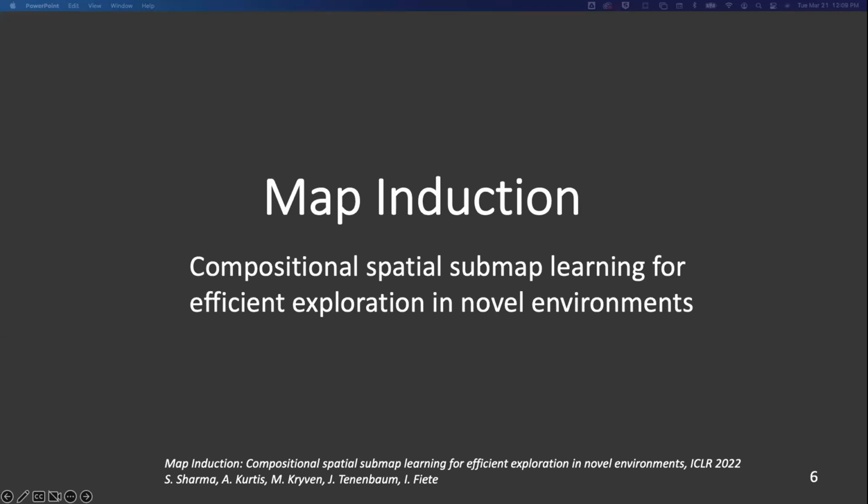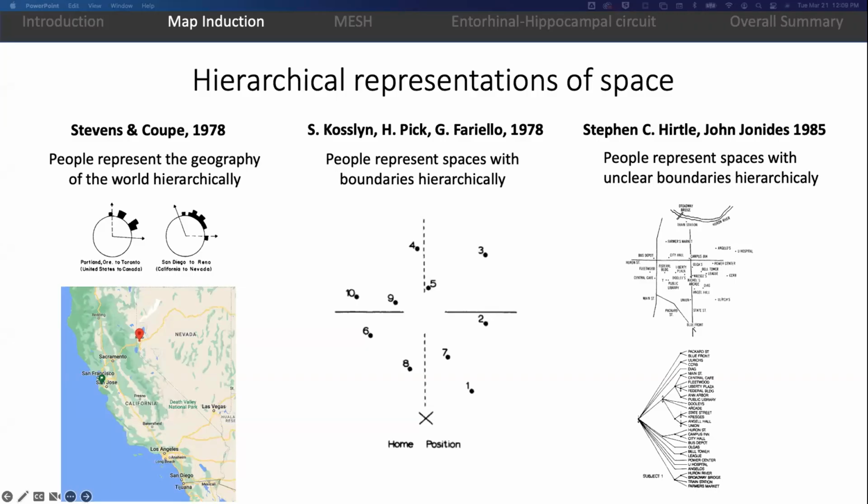I wouldn't have time to go into the details of map induction, but if you're interested, you can look at the paper. We can start with what we know from cognitive science studies. Here we know from cognitive science that humans have hierarchical representations of space. For instance, if you think about the geography of the world, there's evidence that people represent it hierarchically.